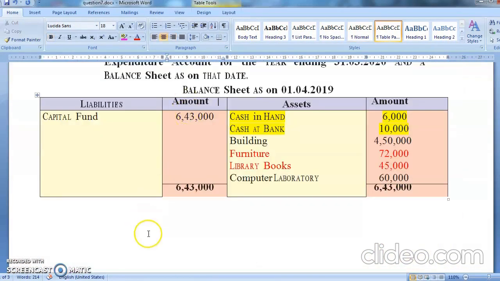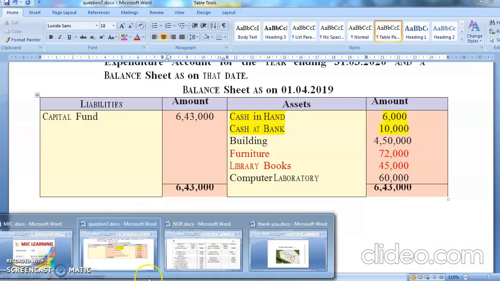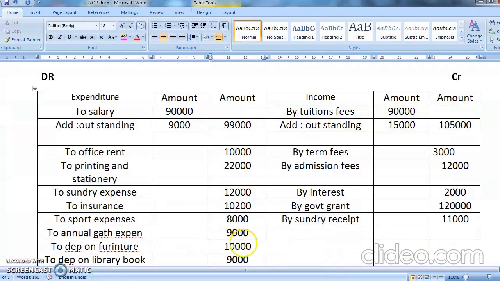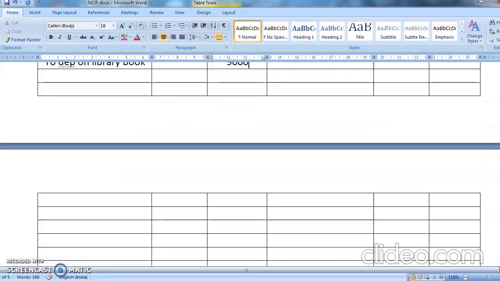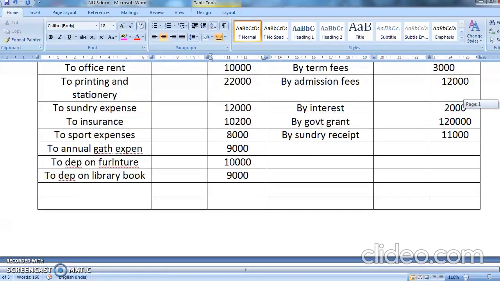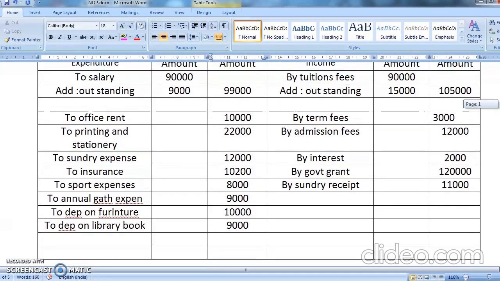So now only the last part is remaining, which is called the totaling part. Now let's do the totaling of it. Now you have to make it properly adjusted. If it is existing in one page, okay, it's getting adjusted. So now totaling.